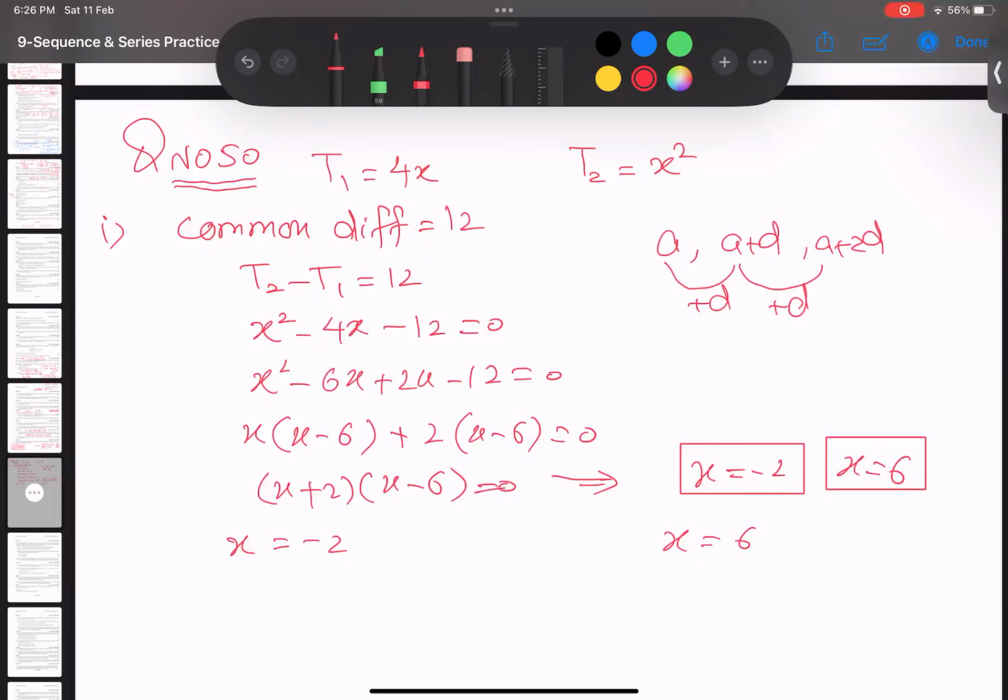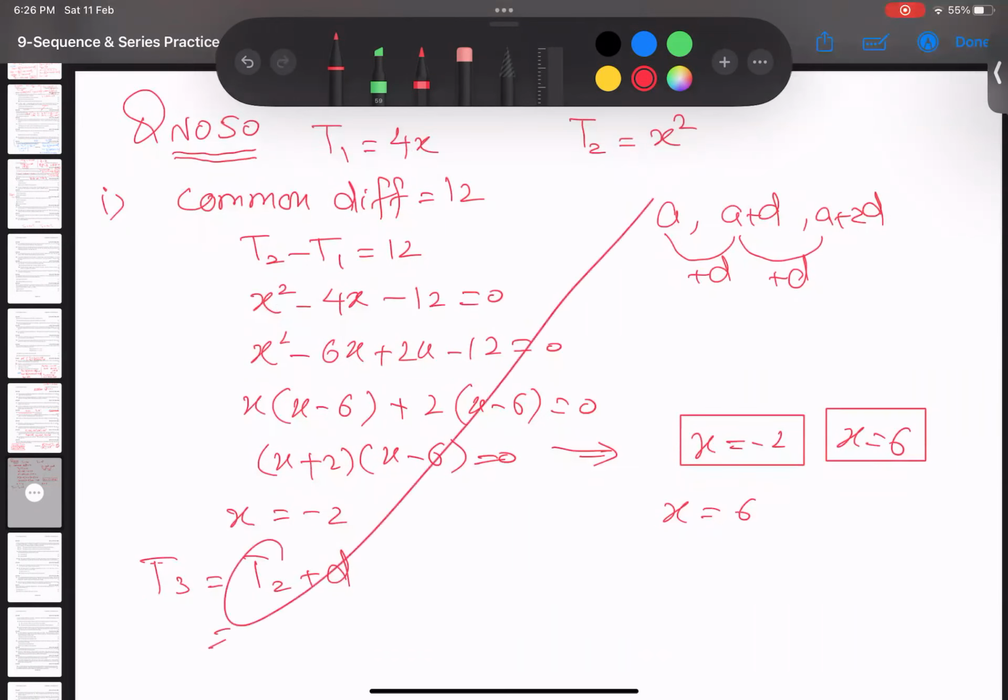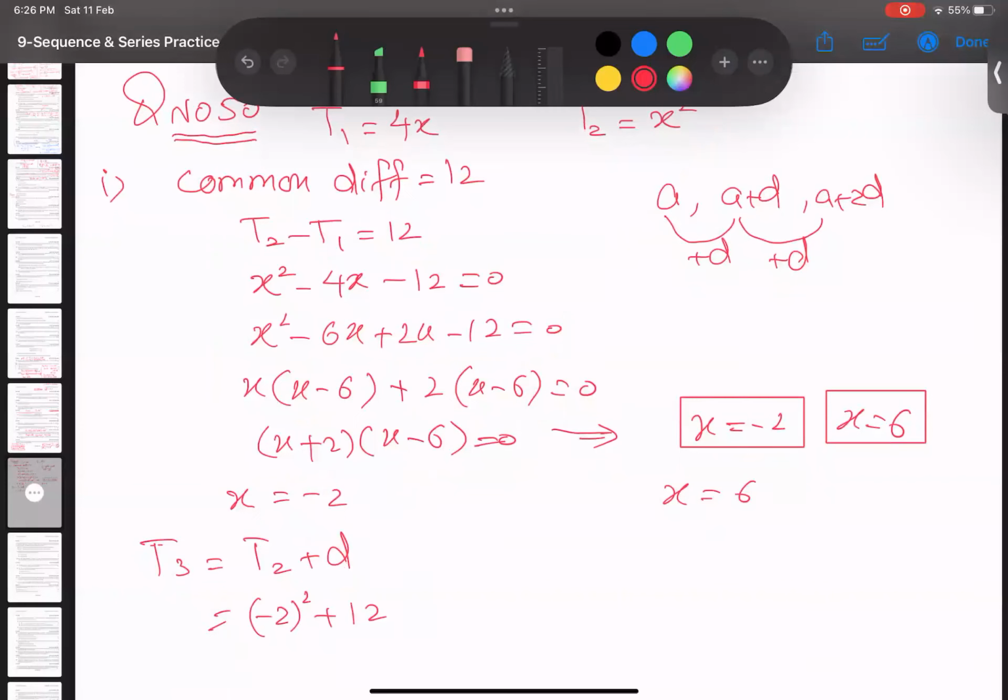If I'm looking for the third term t3, I add the common difference to the second term t2. The second term is x squared, which for x equals -2 is -2 squared, and the common difference is 12, so I get 16.